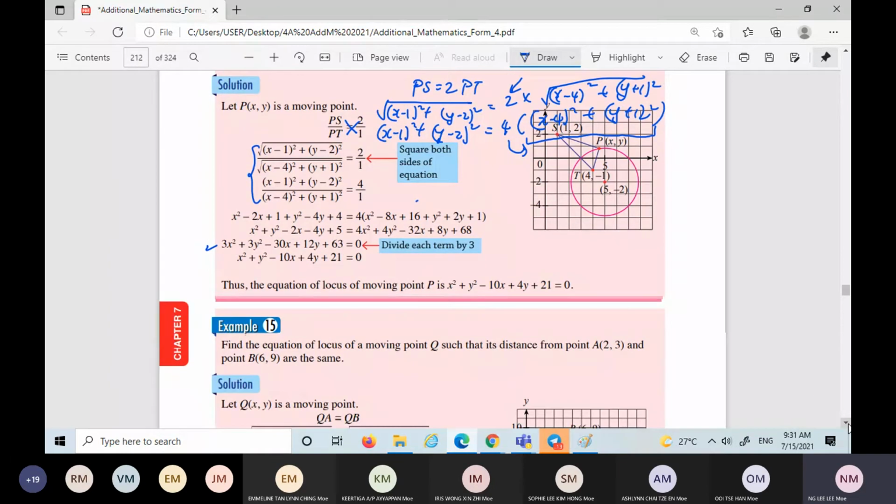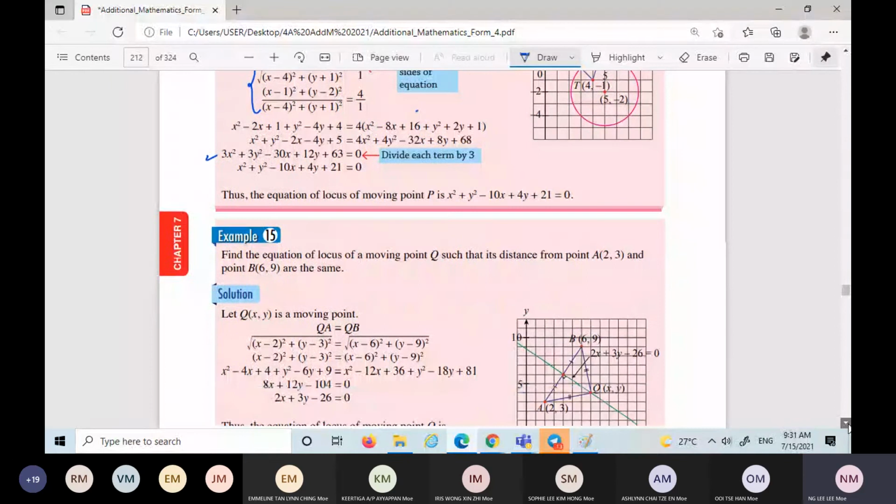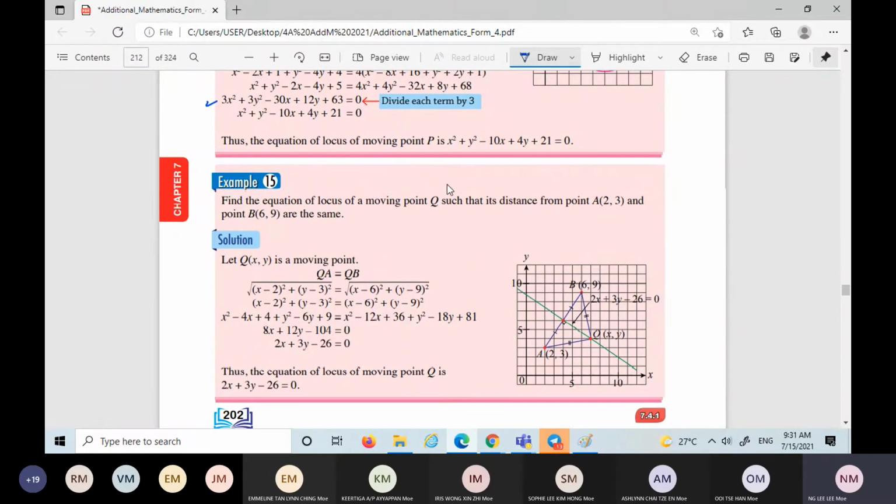Now we look at another example. This is the perpendicular bisector. Find the equation of locus of a moving point Q such that its distance from point A and point B are the same. Very simple, same thing. Moving point Q we set as xy, so QA is equal to QB.